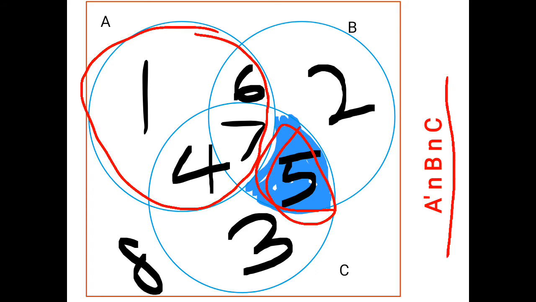So we say that this very one can be said as B and C but not A. B and C but not A, meaning take the A circle out. So B and C only, or both B and C only, can be said as B and C but not A.